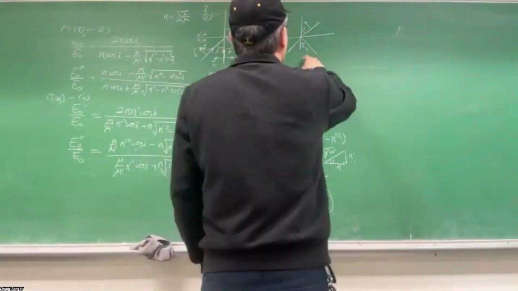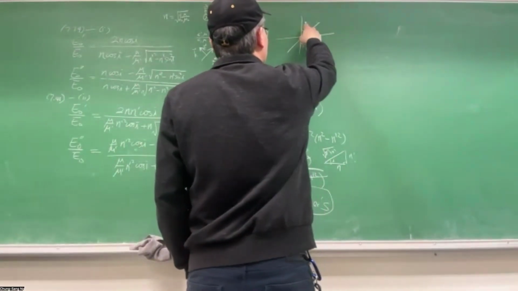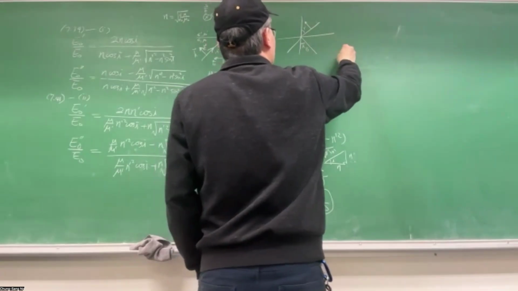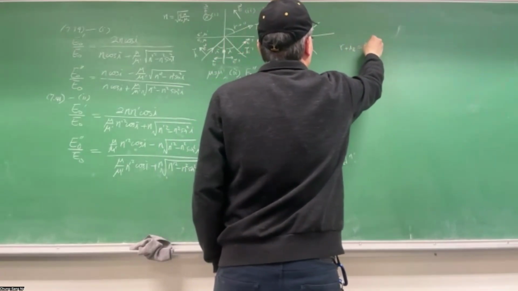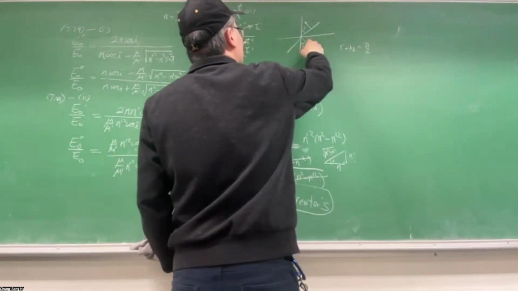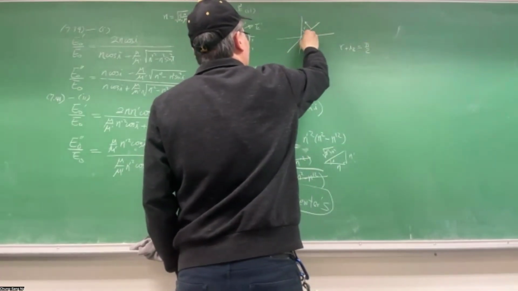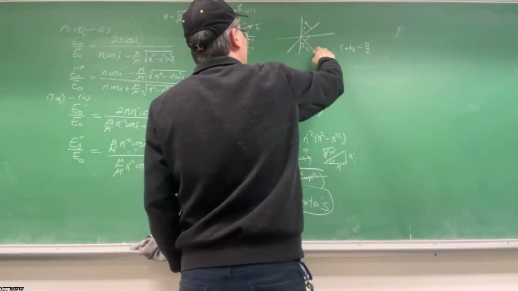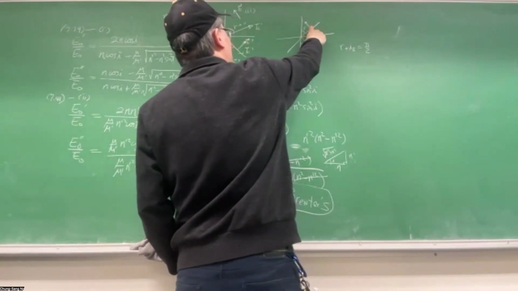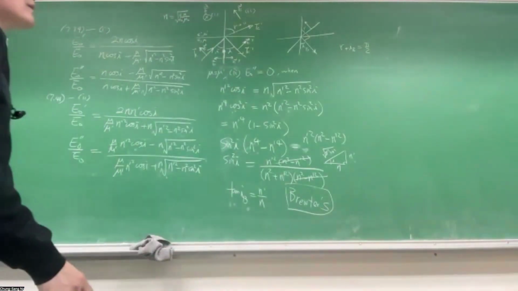The idea is that R plus I sub B will be pi over 2, a right angle. So this refracted wave will be along the same direction as this electric field direction.